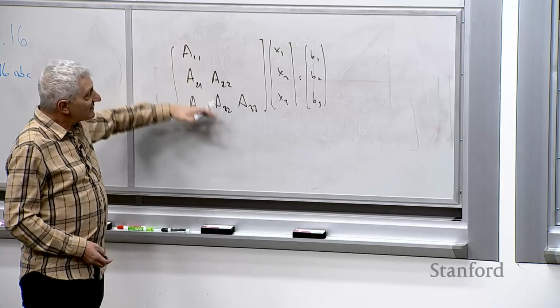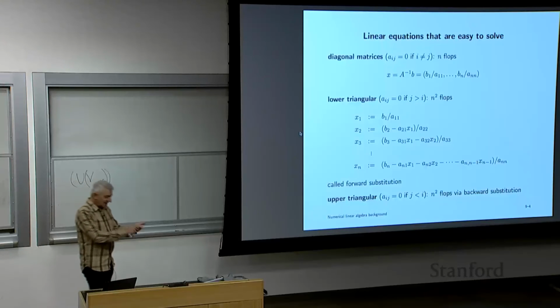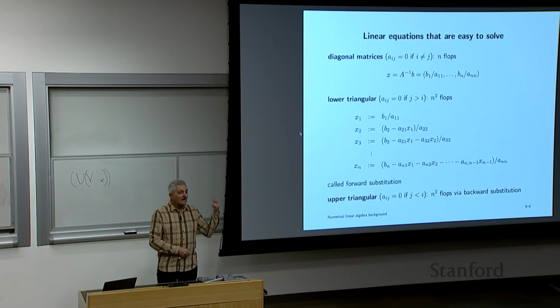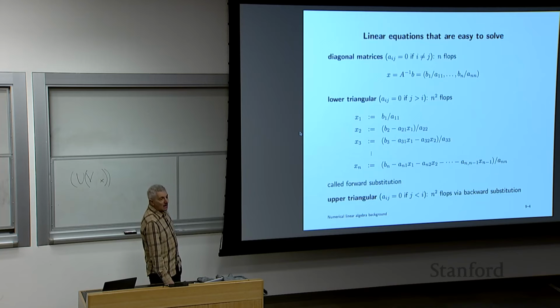That method is called forward substitution because you solve for x1, then x2, then x3, then x4, and whenever you have one, you substitute it into future equations. Everybody got that? And when you work out the complexity, that's actually n squared flops.